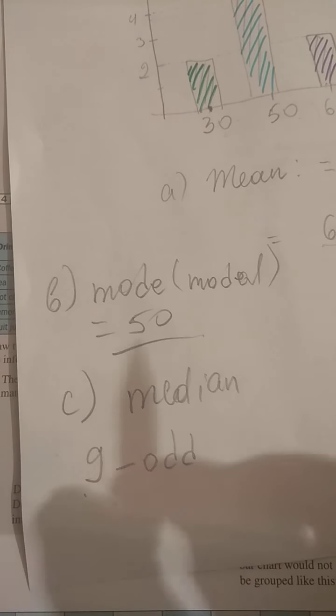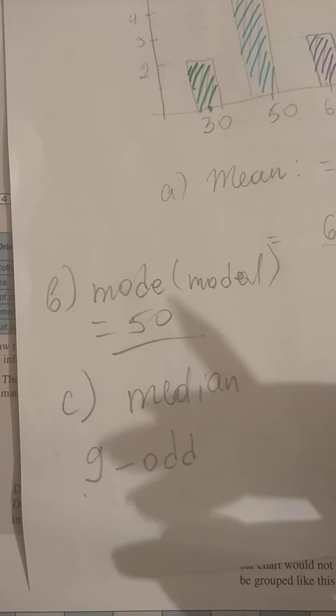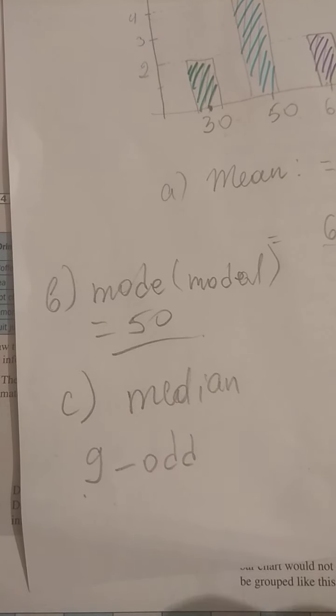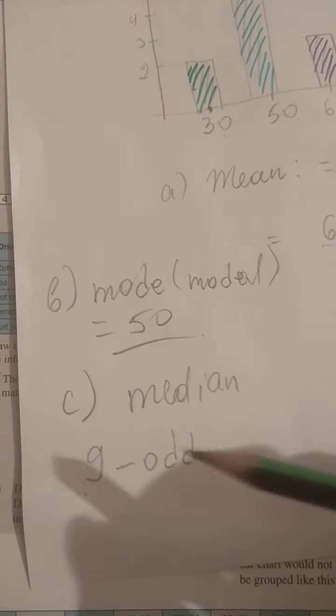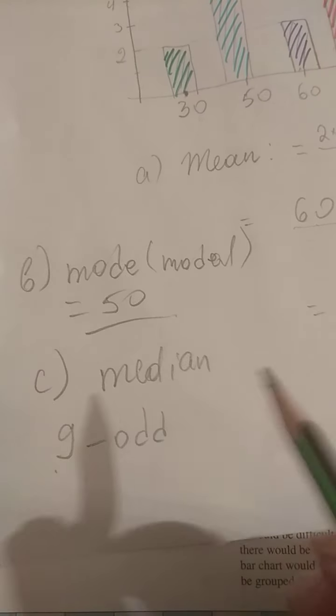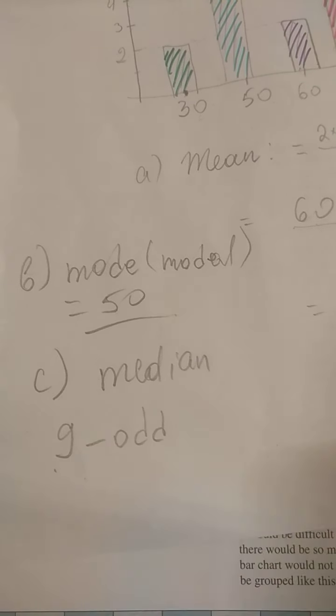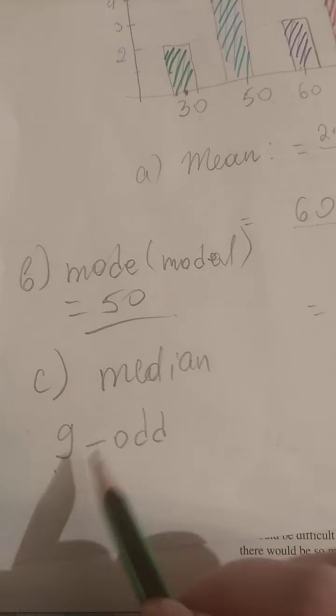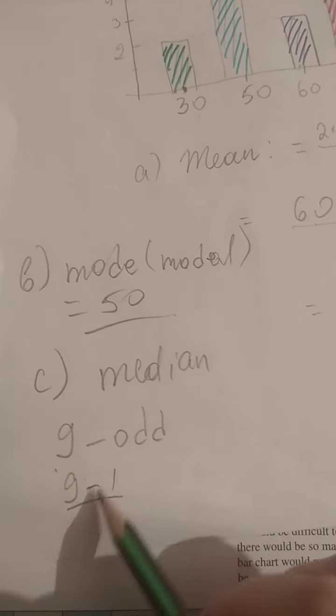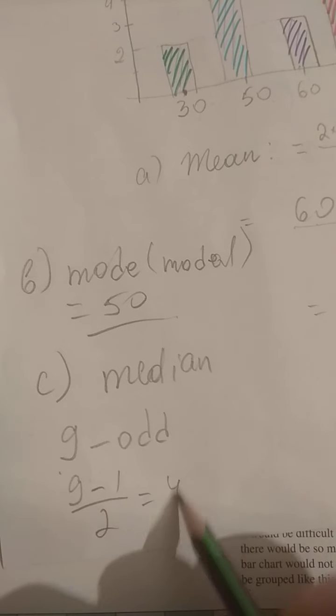And do you remember I told you how you can find the number in the middle for the odd, for the even? For example, this one is odd. So if you can't, for example, think about the numbers, you can find it like that. Firstly, 9 minus 1 is 8, divided by 2, 4.